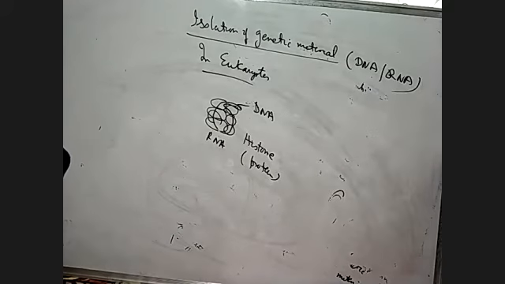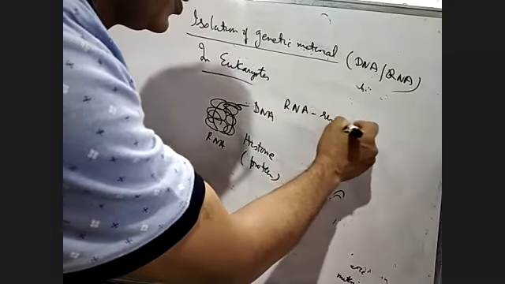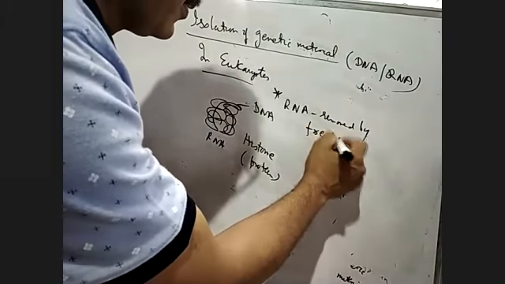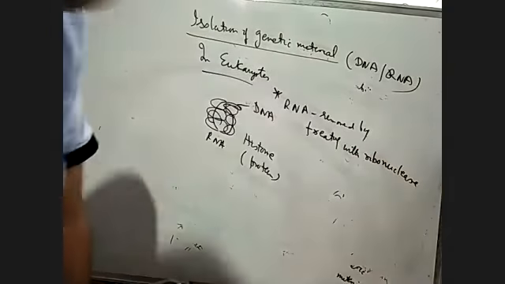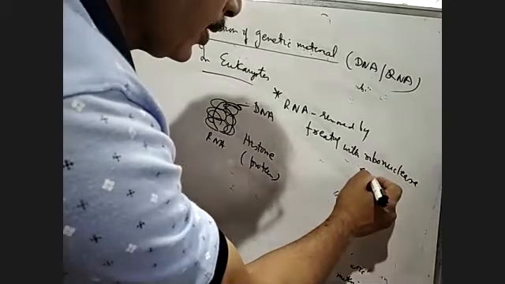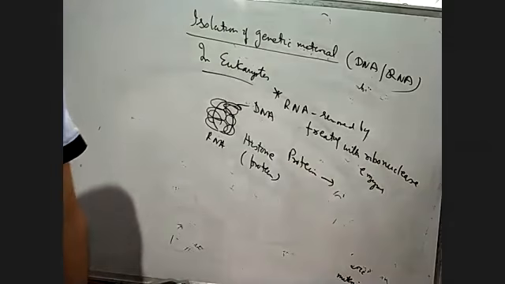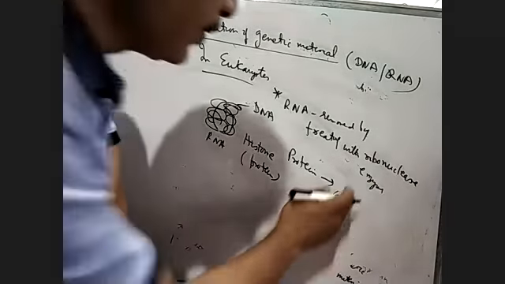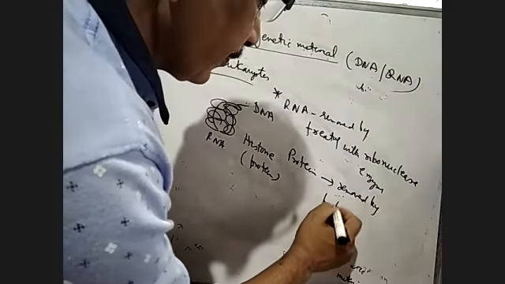RNA can be removed by treating with the ribonuclease enzyme, and protein like histone will be removed by treating with the protease enzyme.